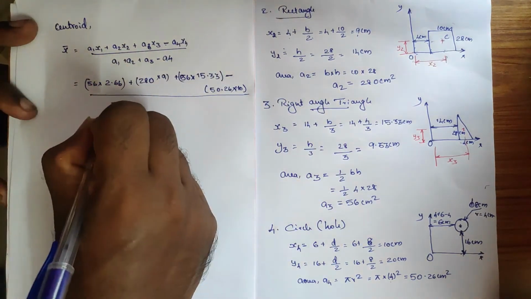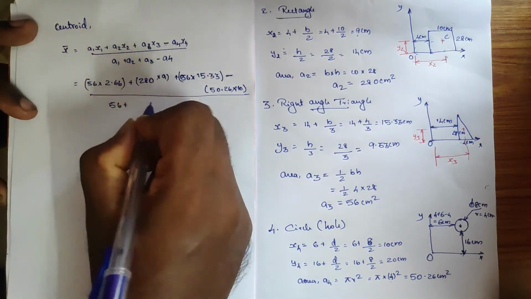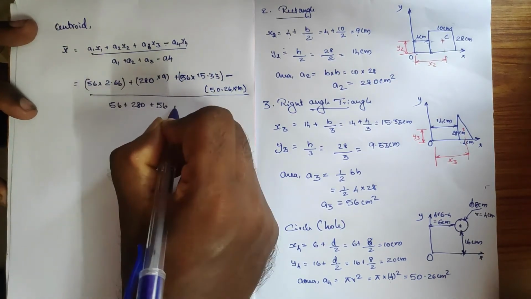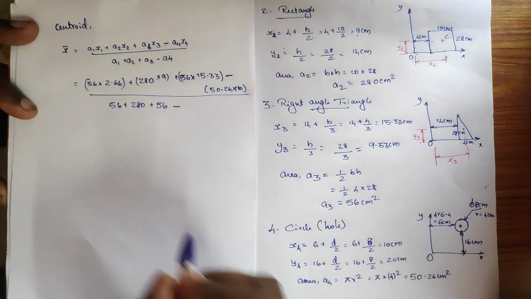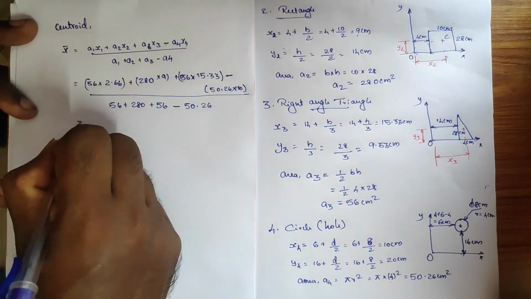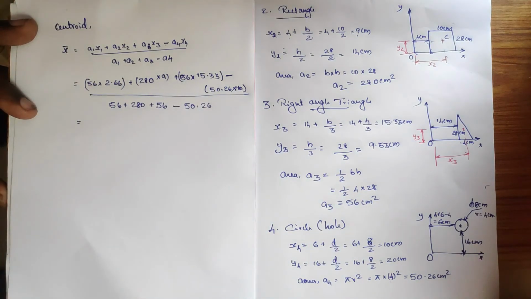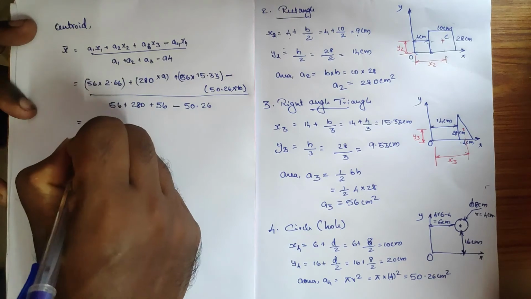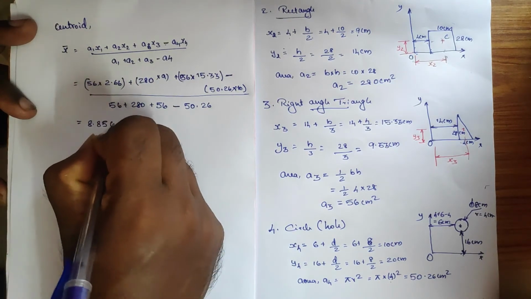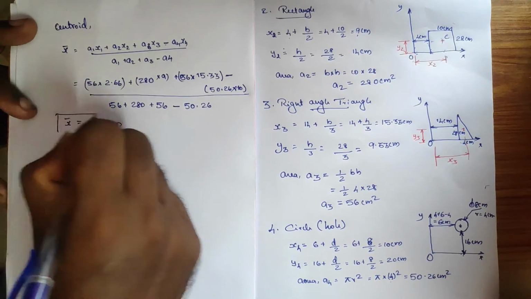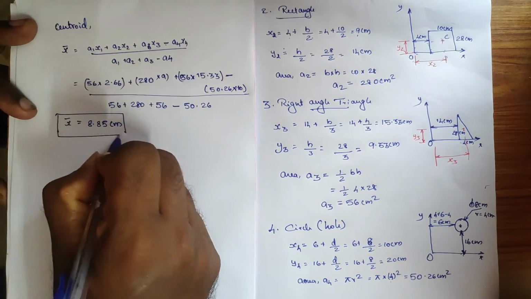Add all the areas: 56 plus 280 plus 56, only this a4 must be minus, that is 50.26. Okay, so when you do the calculation, the x bar you get is 8.85 centimeter. The x bar will be 8.85 centimeter. This is the answer.